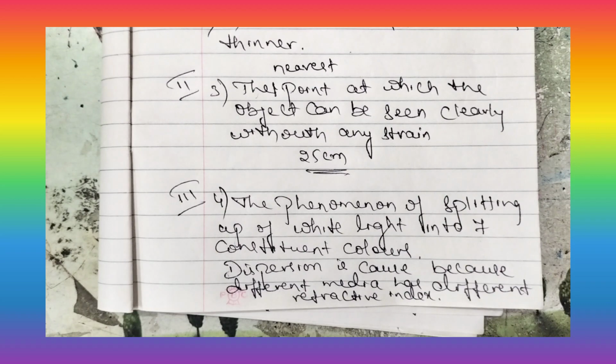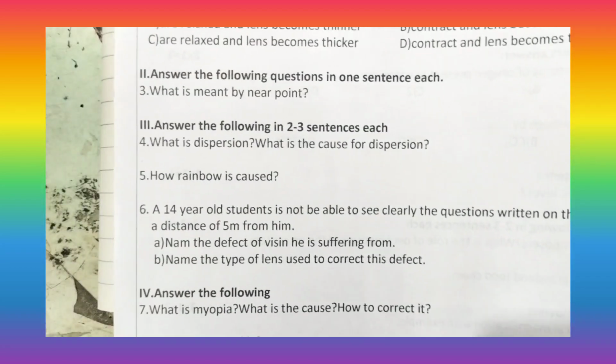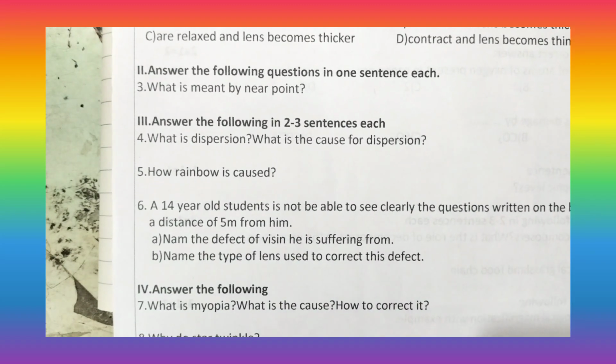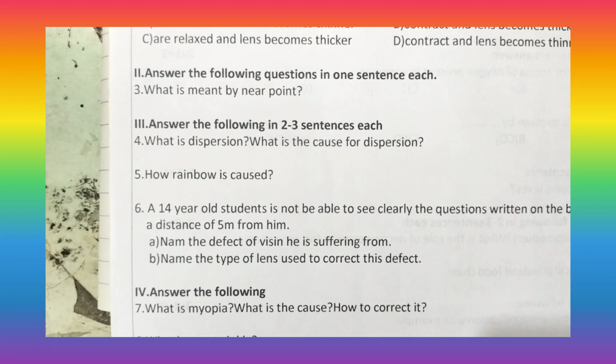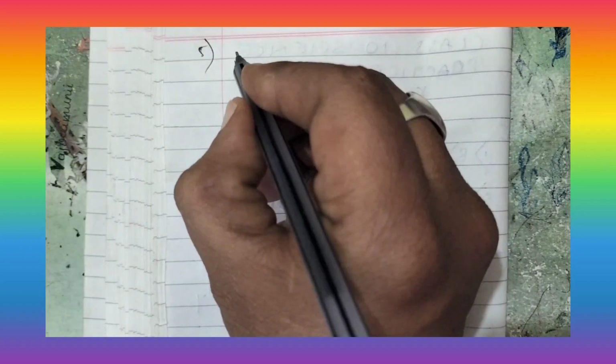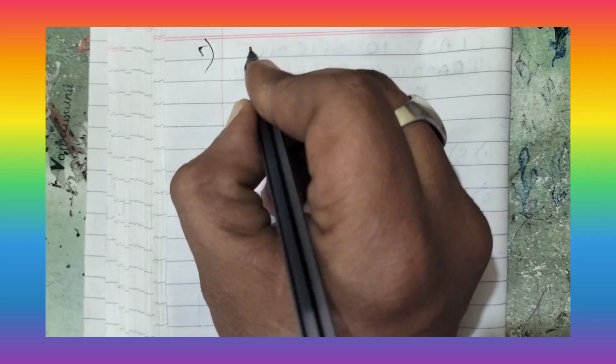Now let us move for question number 5. In question number 5 they have asked how rainbow is caused.